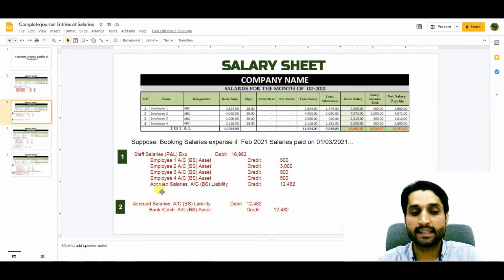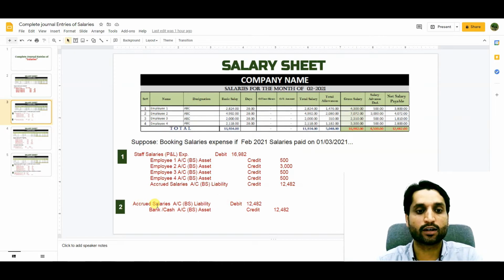And at the end there is one thing that is different here: accrued salaries account in the balance sheet as a liability, current liability, which will be credited by 12,482. So this is the liability of the company, which the company has to pay in March to the employees. Now when the company is making the payment of this liability, what entry are they passing?